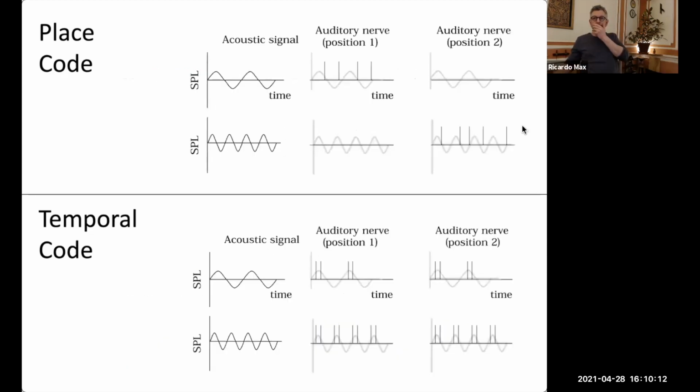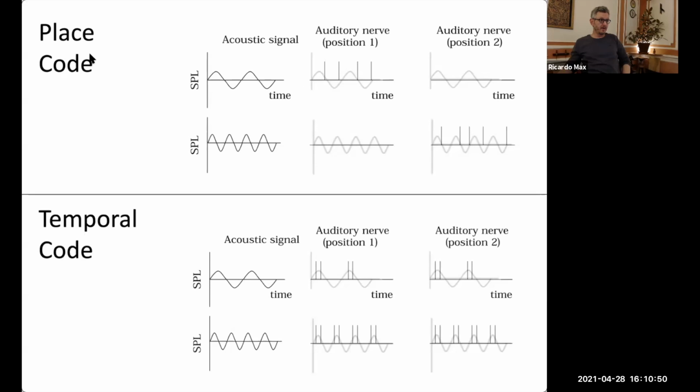Okay, so here we can see a simplification of what would be the activity of our hair cells along the basilar membrane, assuming only one of the two theories. Here we have a lower frequency, and here a high frequency. These are hair cells positioned at a certain area in the basilar membrane, and this is another.